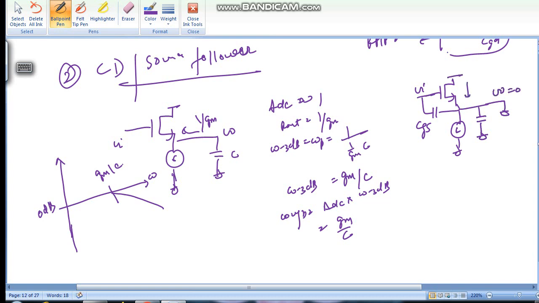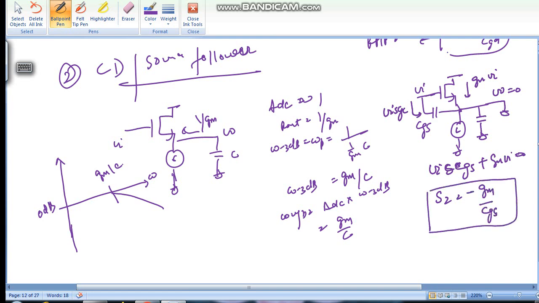Now here current is GM Vi, and from here current is Vi S CGS. At output, if we apply KCL, Vi S CGS plus GM Vi equals 0. So S Z equals minus GM by CGS. So this is a left hand plane zero.